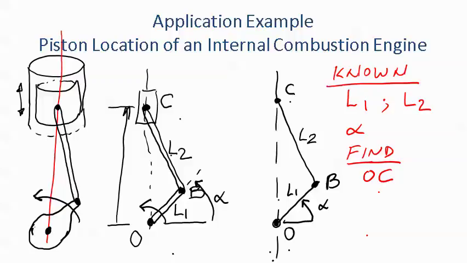We observe here that we have a triangle OBC, and this triangle is an arbitrary triangle because the angle alpha is varying. And as the angle alpha is varying, we all recognize that this angle here, let's call it delta, will be varying as well as this angle here, gamma.